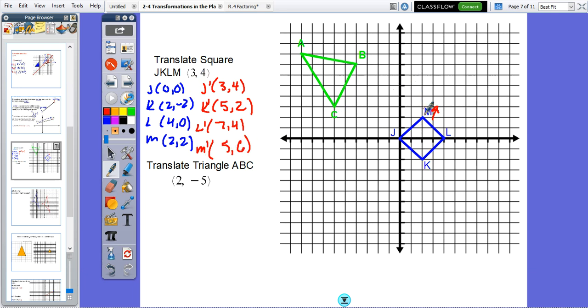So when we graph that, that's our J, our K, our L, our M. The image didn't change sizes. It's still the same size. It's still the same orientation. It just got shifted from one position to the other.